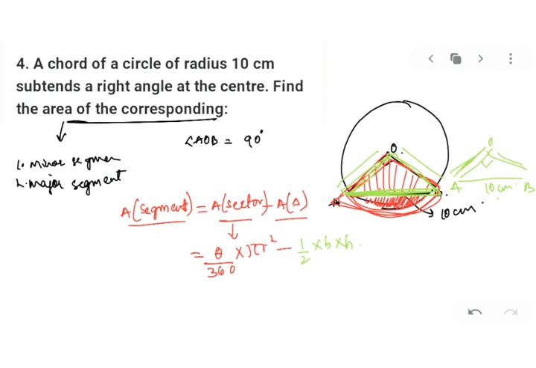From there you will get the value of AO, and whatever value you get for AO will be equal to OB because they are the radius of the same circle. So you will get AO and OB together. Once you have AO or OB, you can take them as base and height of a right angle triangle and find the area. Area of sector minus area of triangle will be your area of minor segment.